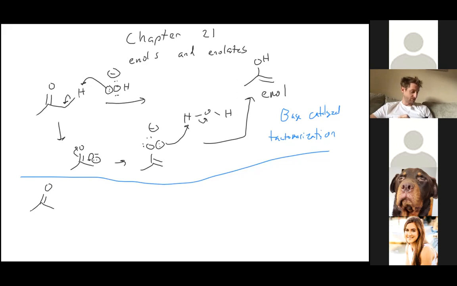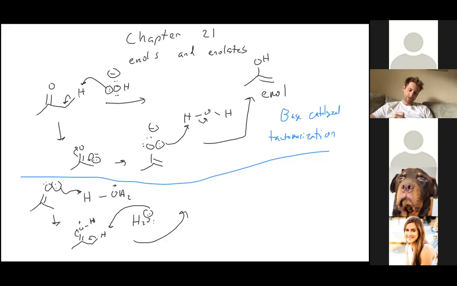We can pick up a proton if we're in acid, so H3O plus here. And then that water we made can again pull off a proton, stabilize this here, and form an enol.